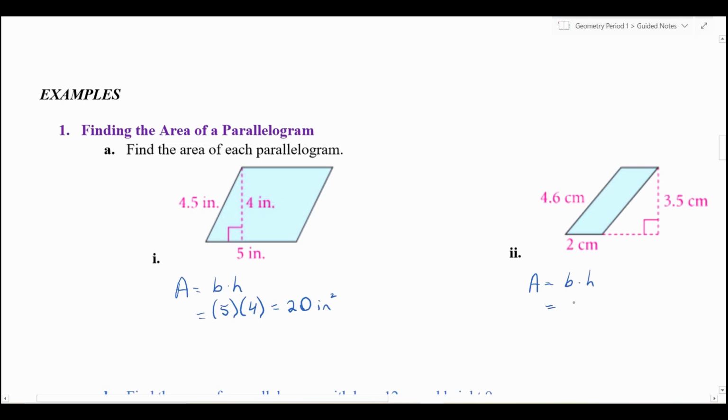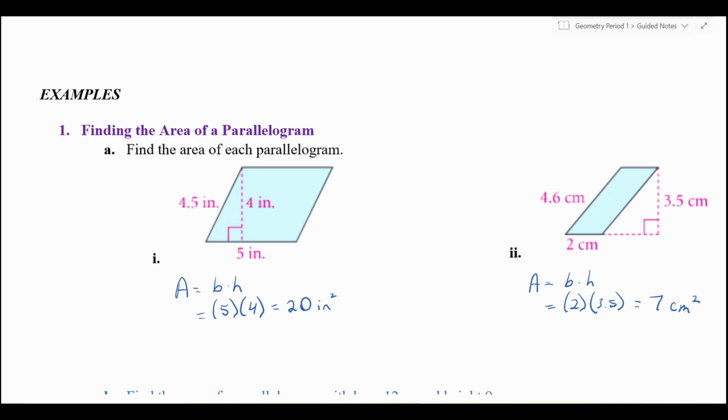We substitute our base, which is the 2 here, and our height, which is 3.5. And this is going to be 7. And it's 7 what units? Centimeters, but we're dealing with area, so it's going to be centimeters squared. And that is the area of this particular parallelogram.